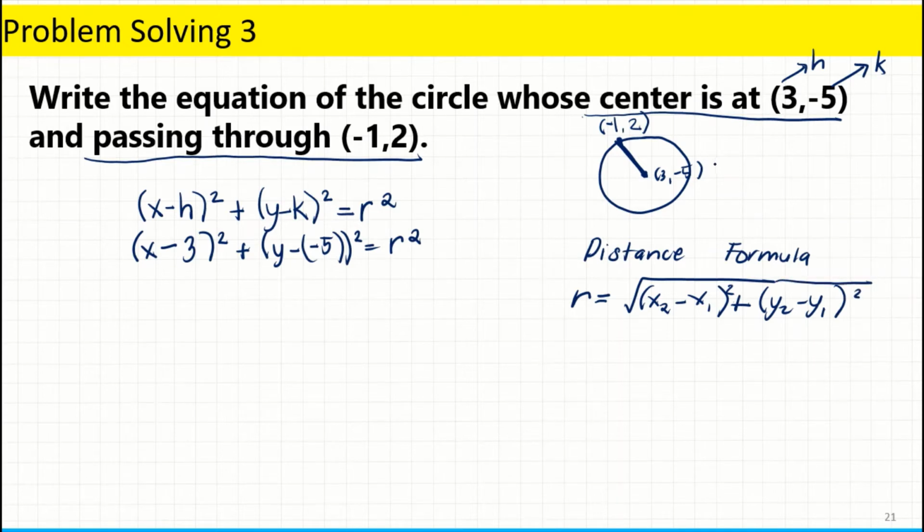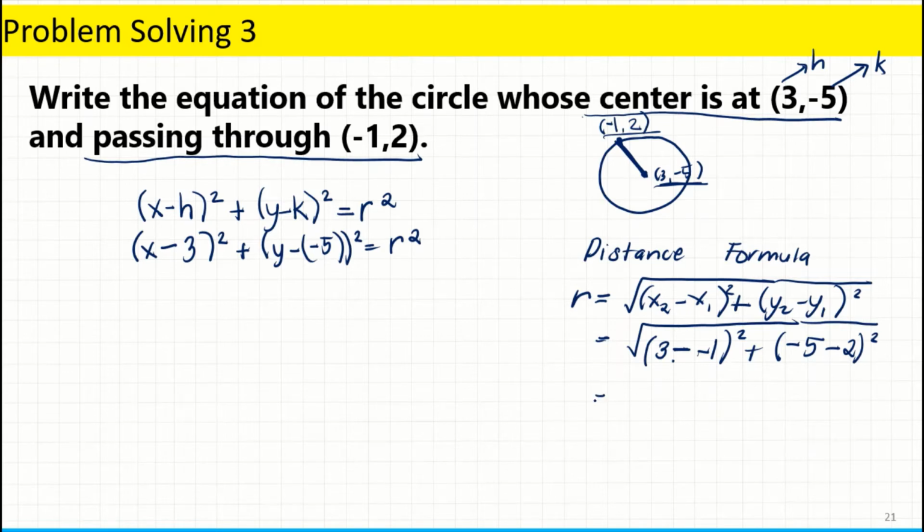Okay? So, pwedeng ito yung second point natin, tapos ito yung gawin nating first point. So, we have a square root of x sub 2 will be our 3 minus negative 1, and then squared plus y sub 2 is a negative 5 minus 2, and then squared.